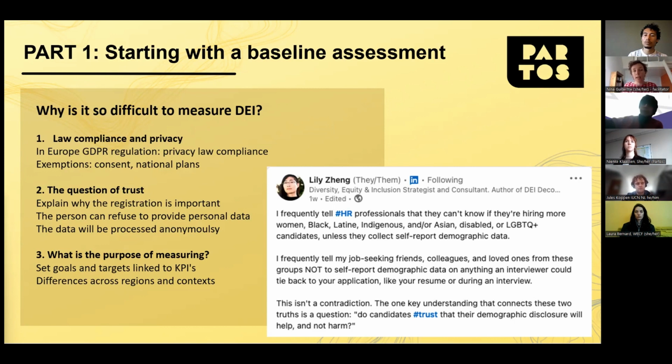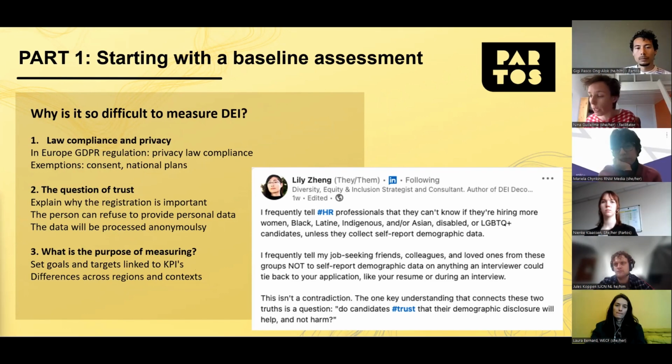Also, another reason which was always told to me is that we can't measure diversity and inclusion because of the compliance and privacy rules, which is partly true because we have, and especially in Europe, I focus a little bit more on this region, the GDPR regulation.